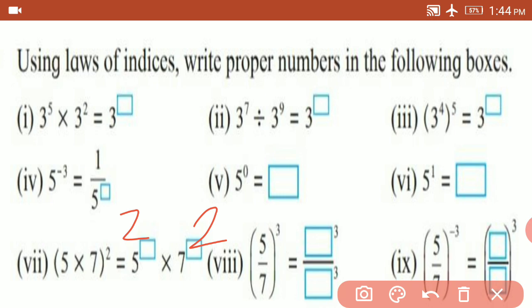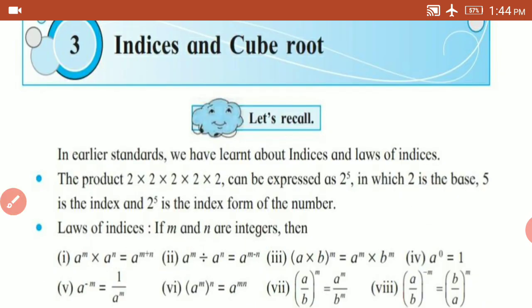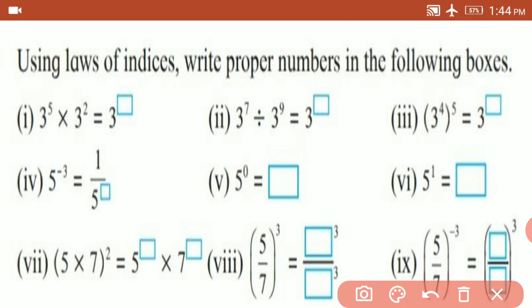Example number 8. (5 upon 7) raised to 3 is equal to how much? Here the law is the 7th one, (a upon b) raised to m is equal to a raised to m upon b raised to m. That means here is 5 and here 7. Then example number 9, (5 upon 7) raised to minus 3 is equal to how much?